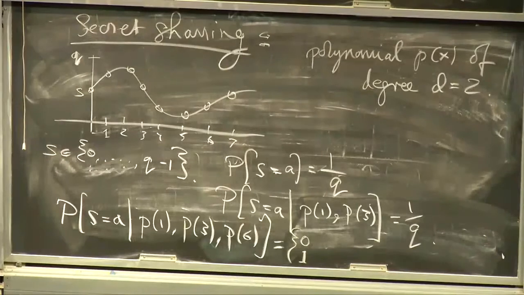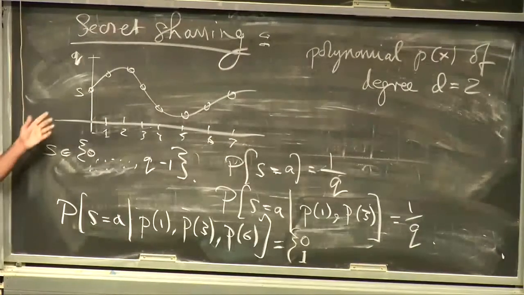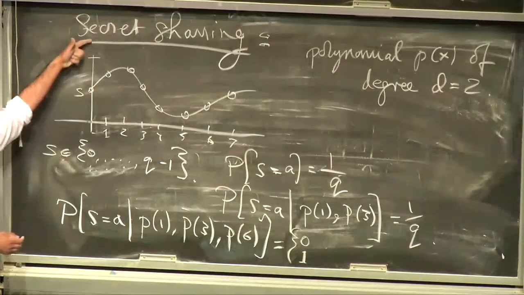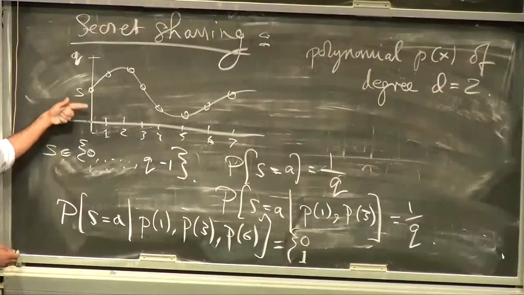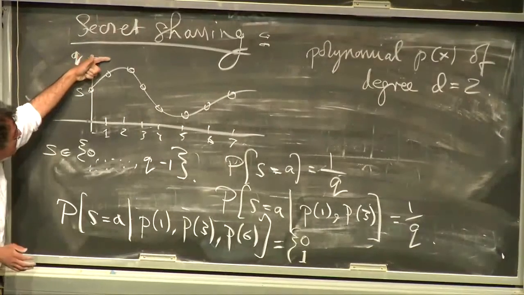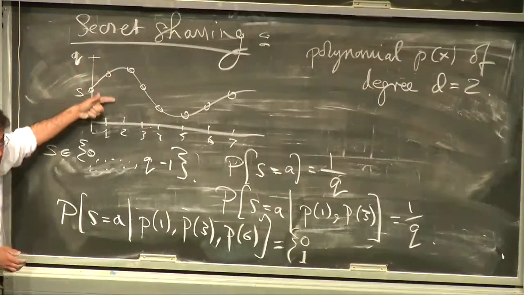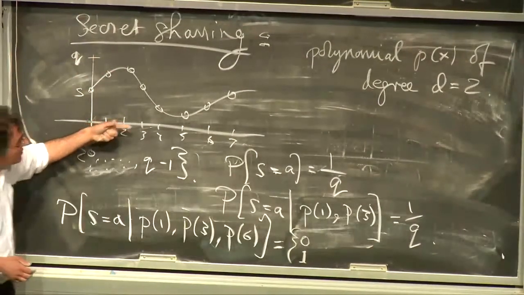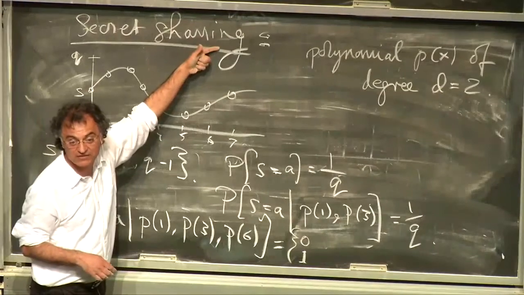Well, it's uniformly random. Right? If this was a random polynomial, S is going to be completely random. It's going to be 0 or 1 or q minus 1 with equal probability. Okay? What about the second one? Well, it's uniformly random as well. What about this one? It's uniformly random as well.